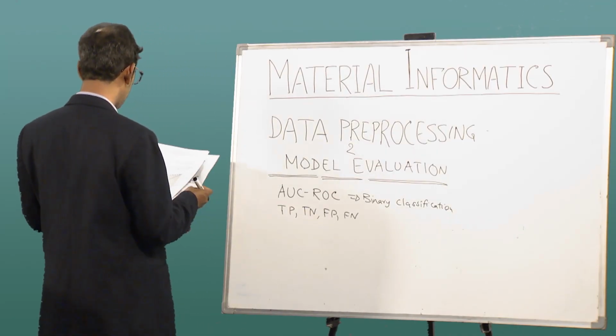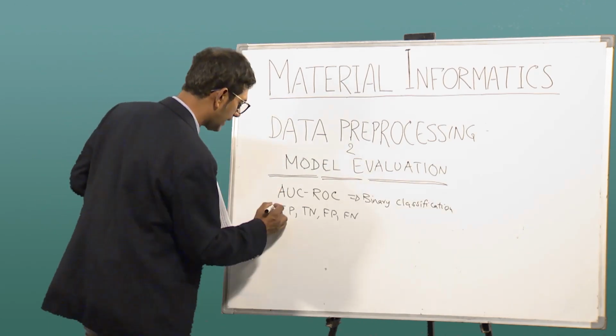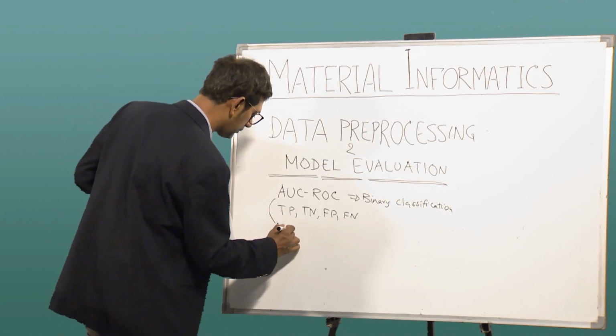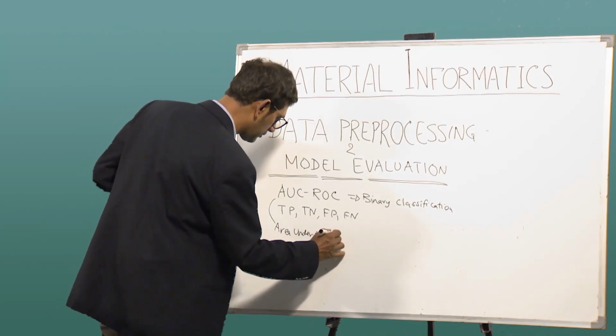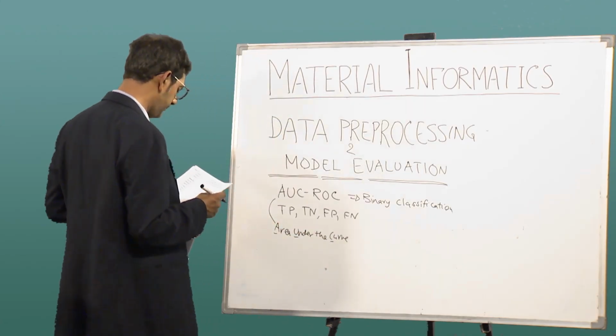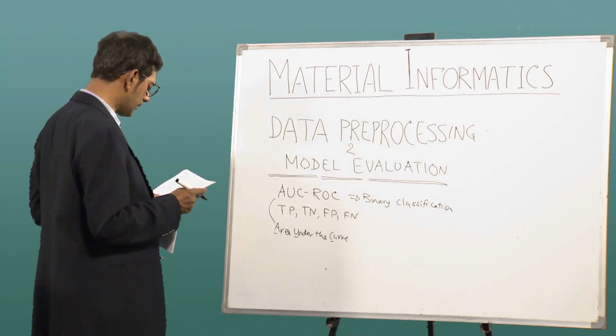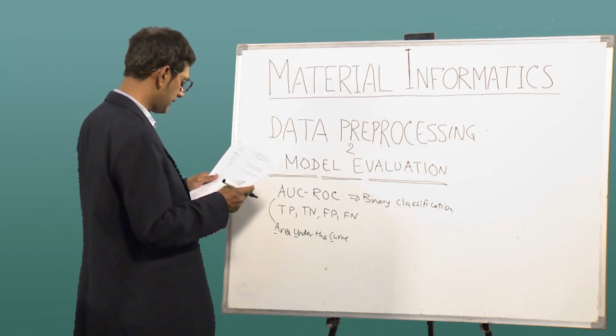So, AUC basically stands for area under the curve, that is what is called AUC. It allows us to understand how a classification model distinguishes different classes, correct.